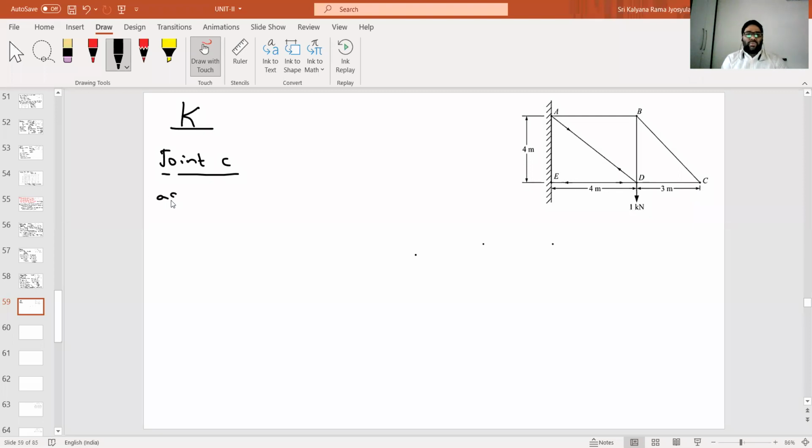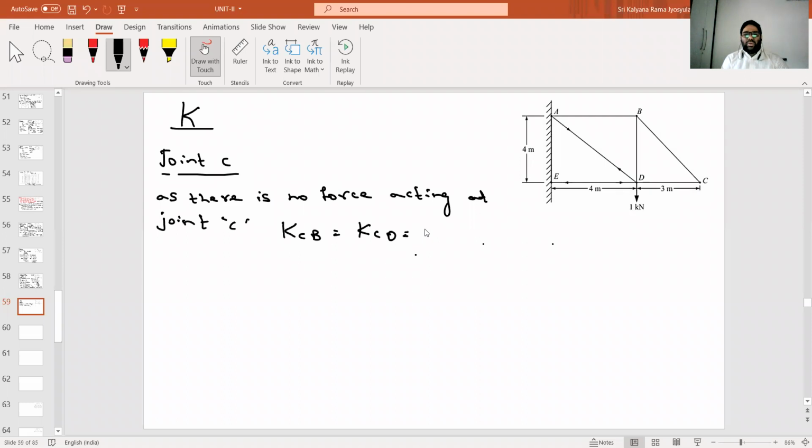So as there is no force acting at joint C, KCB is equal to KCD is equal to 0.